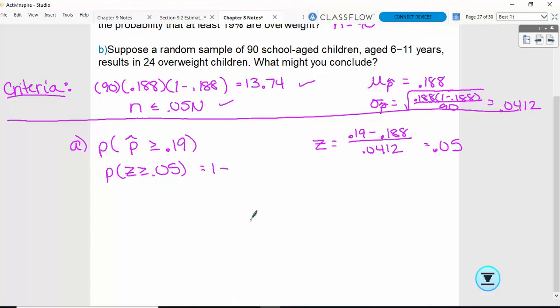Okay, so go to our table. If we look up 0.05, minus that, we get 0.48.